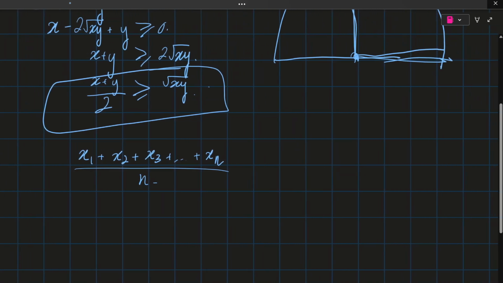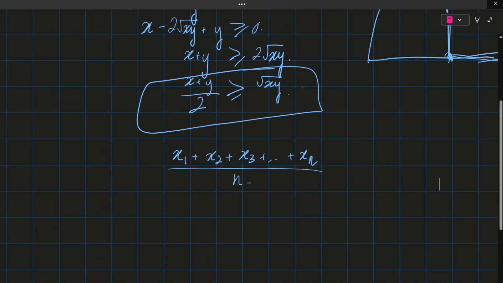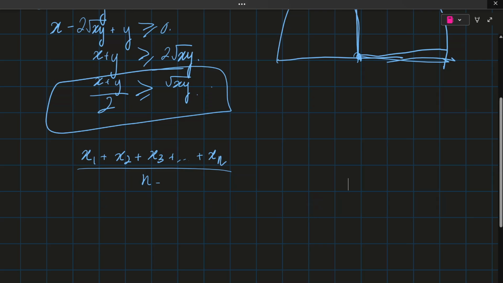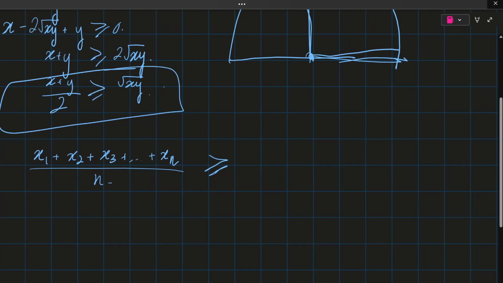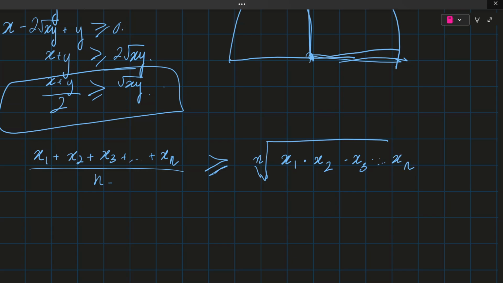So there are n terms. You divide by n, you'll get the mean of every single term. And on the right-hand side, this part's a bit different. It's basically the nth root, and in the root, you'll have the product of every single term, x1 x2 x3, so on, extend. Voila.